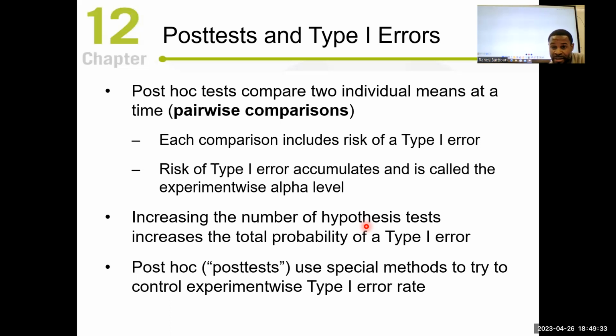A type 1 error, that false positive, is when we reject the null hypothesis when the null hypothesis is actually true, meaning we say that there are differences when there are absolutely no differences whatsoever. So we want to take hold of that. The post hoc tests use special methods to control the experiment-wise type 1 error rate, so we try to mitigate getting a type 1 error. We don't want false positives because they don't do well for our research.